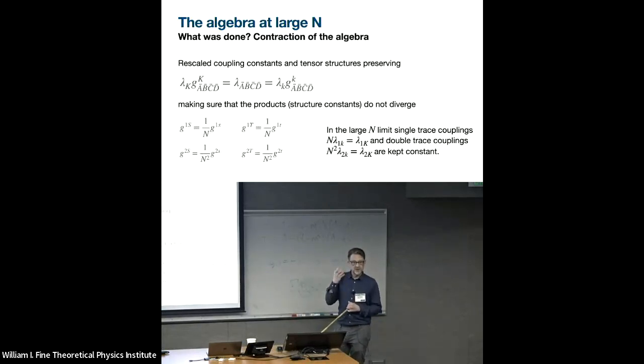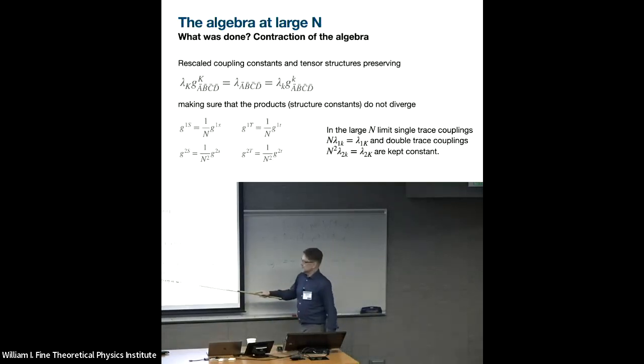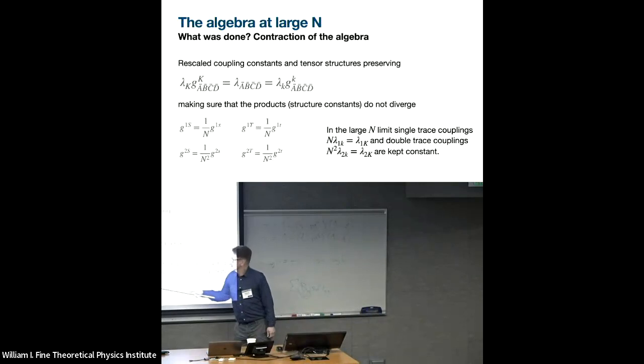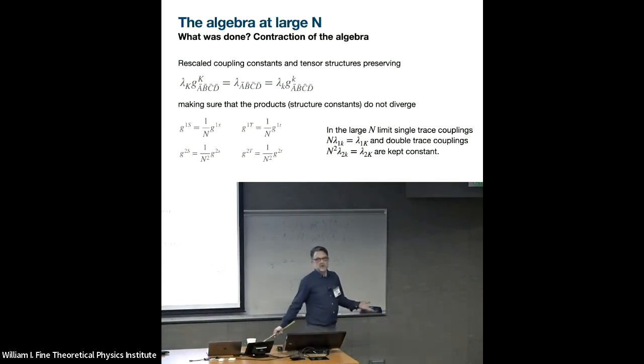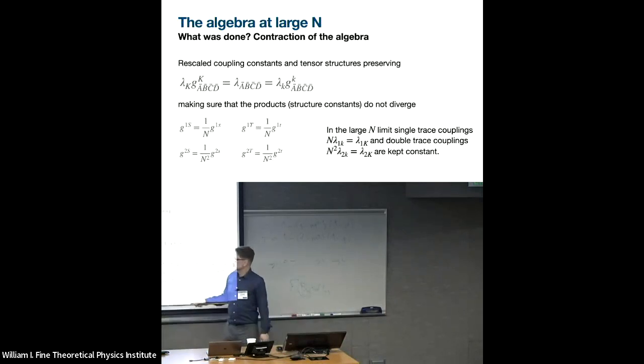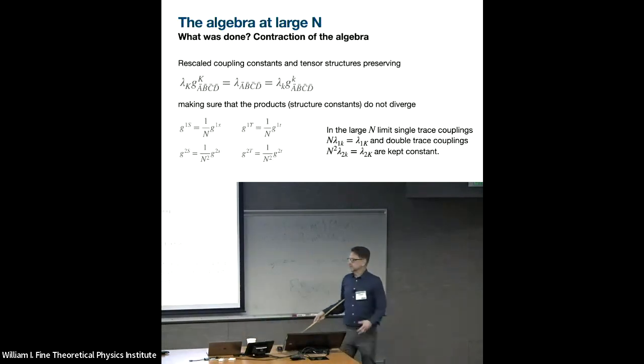Then I can get the reasonable, interesting contraction of the algebra. And to do that, I find that I have to do a scaling, which is precisely the ordinary 2 scaling of this kind of theories with single trace and double trace operators. So the algebra tells me about this. This is the way to do it.